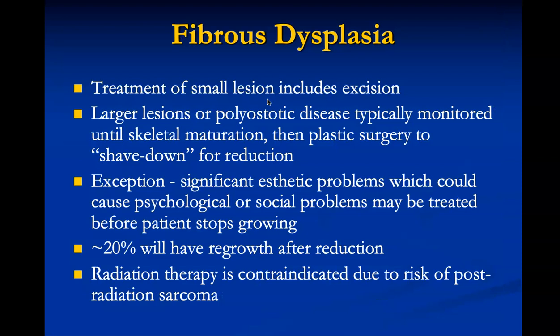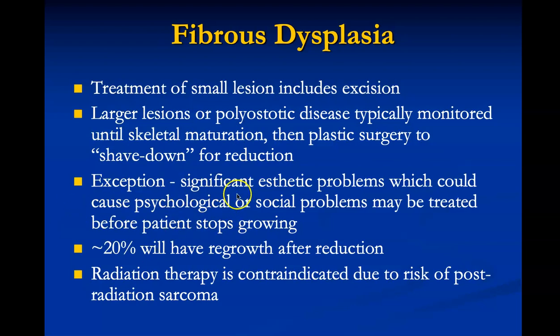So the treatment here, generally with children, if it's not a major aesthetic issue, they'll actually wait until the child's skeleton has finished growing before they go in and recontour. Because you'll see down here, about 20% of these will regrow after reduction if done prior to the child's skeleton developing. And so trying to not have them have multiple surgeries, they basically wait until the child is older.